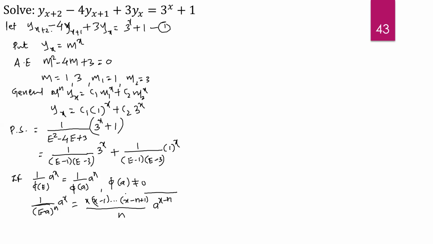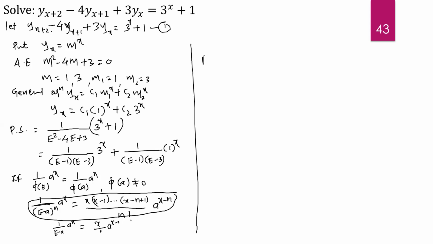Okay, so we use this formula. For order one, 1 upon E minus a applied on a raised to x is x divided by 1 factorial and a raised to x minus 1. This is the n factorial.